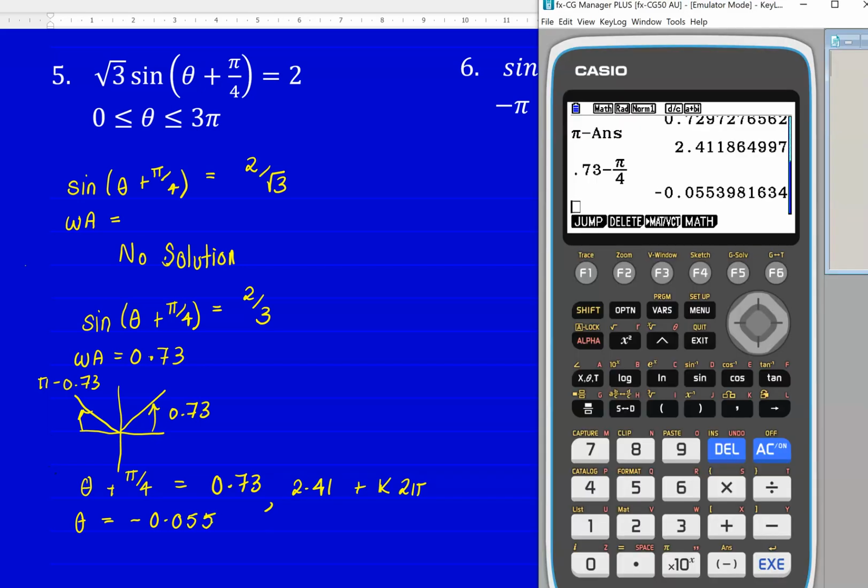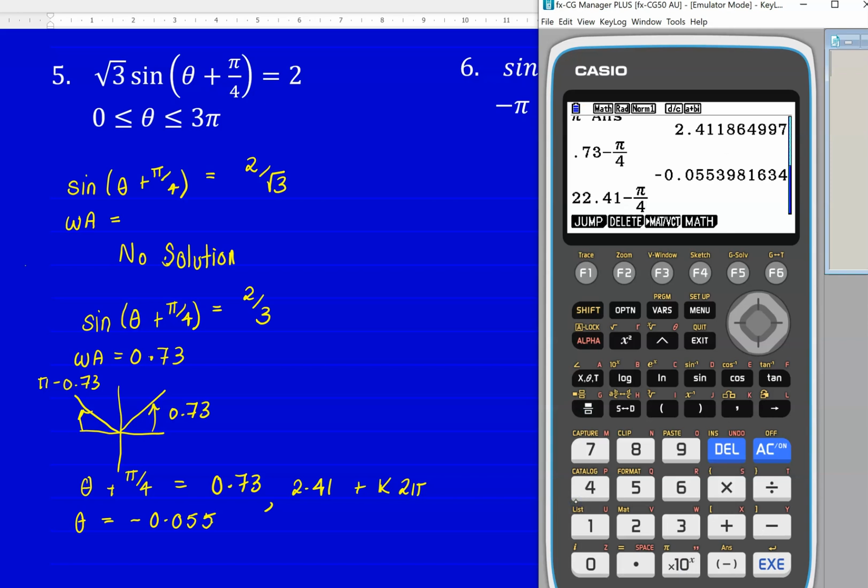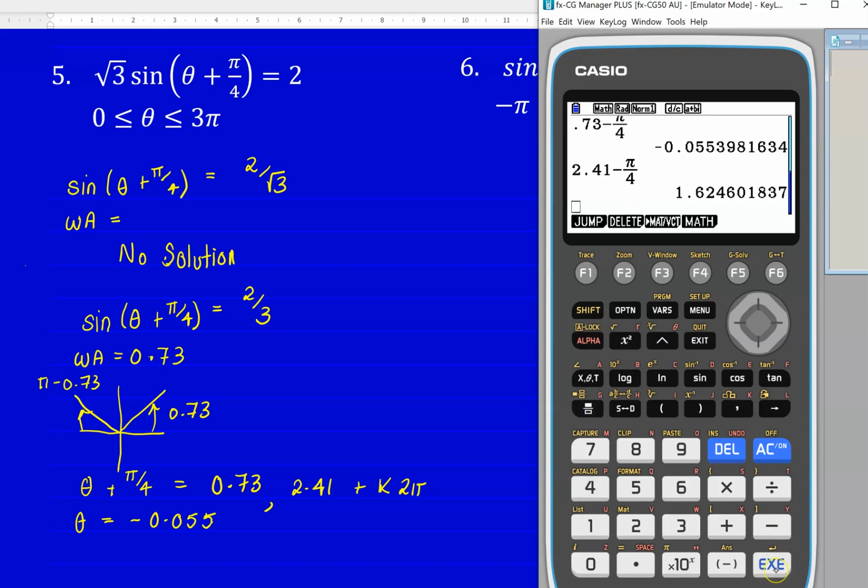Okay, and then we've got 2.41 minus pi over 4, 1.625.